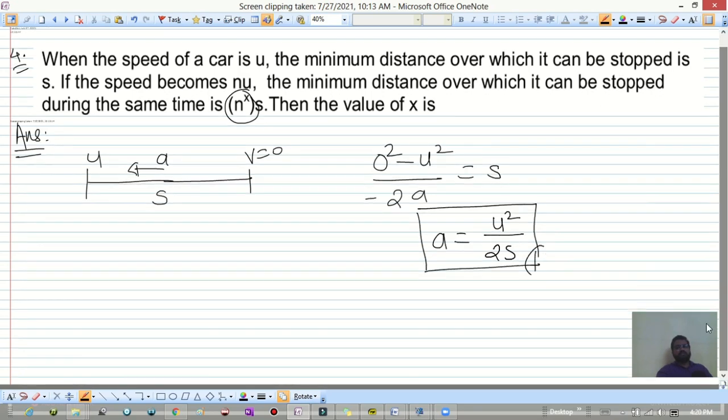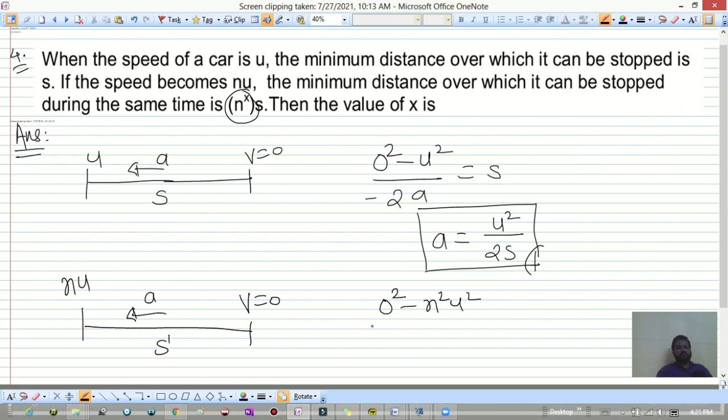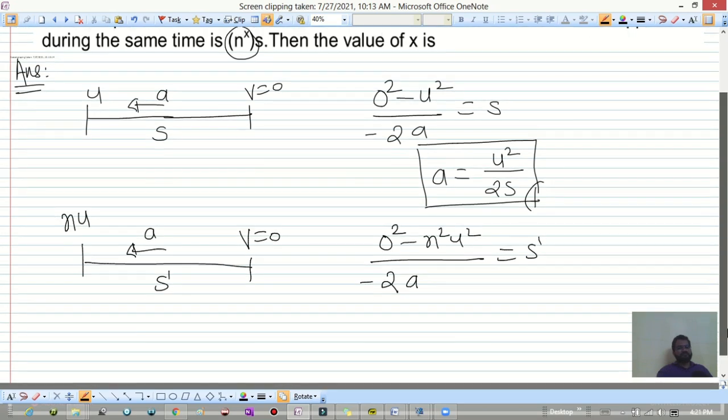Now when the speed becomes n times u, the final velocity is 0 only, and we want s dash. Okay, so here also retardation is there, a. So final velocity 0 squared minus n squared into u squared, initial velocity, divided by 2 into a is equal to s dash.